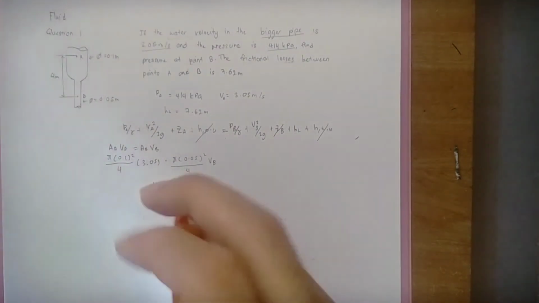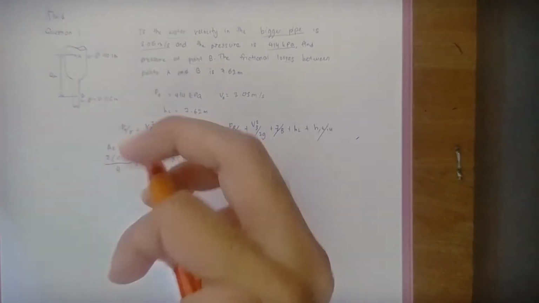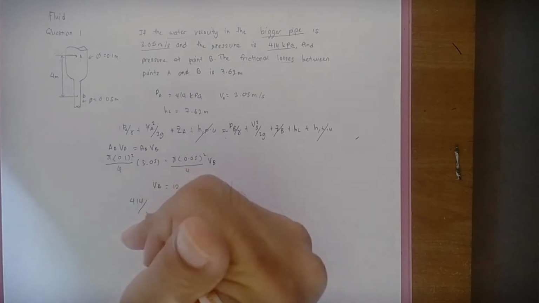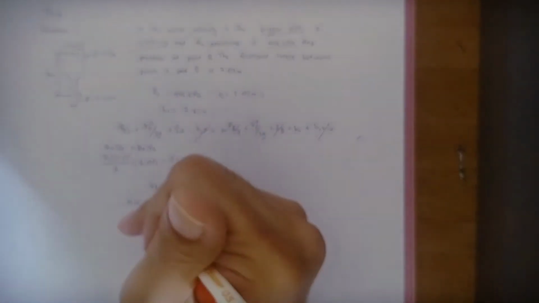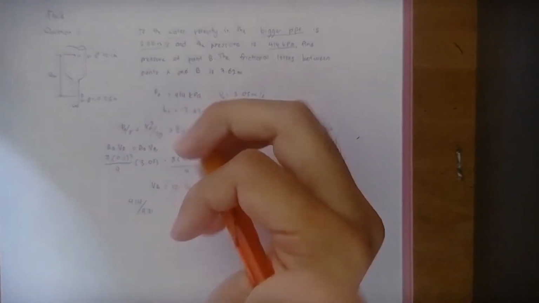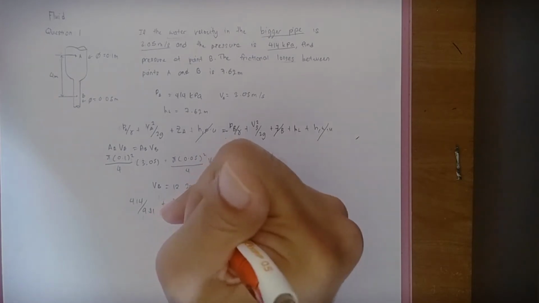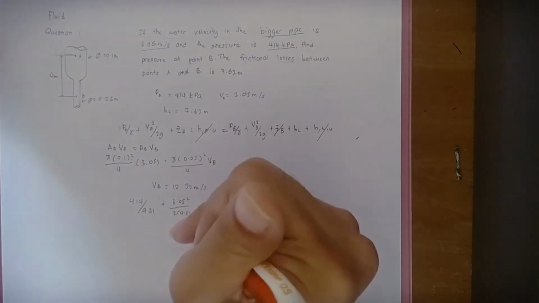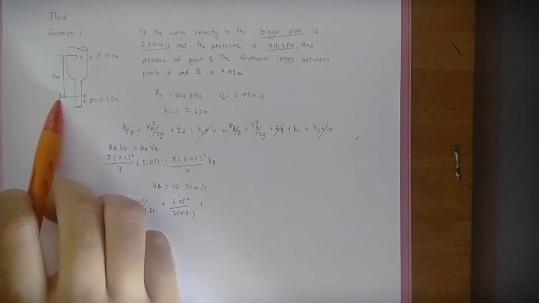After you get VB, just put all the information in the equation. PA is equal to 414. Since we use water, the lambda is equal to 9.81. VA is 3.05, over 2 times 9.81. ZA is equal to 4 meter.